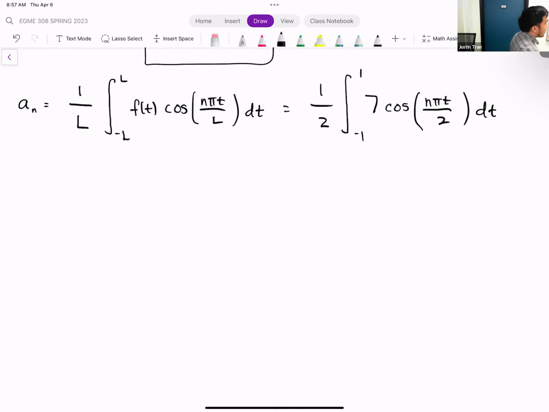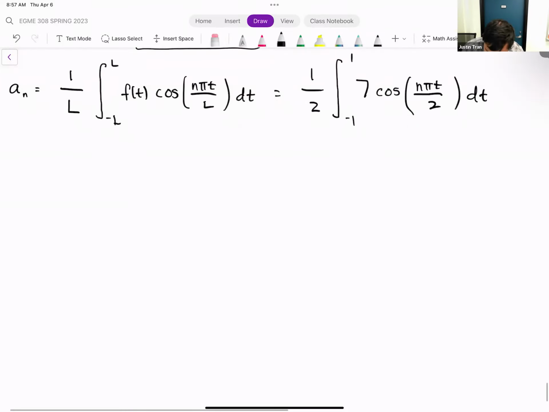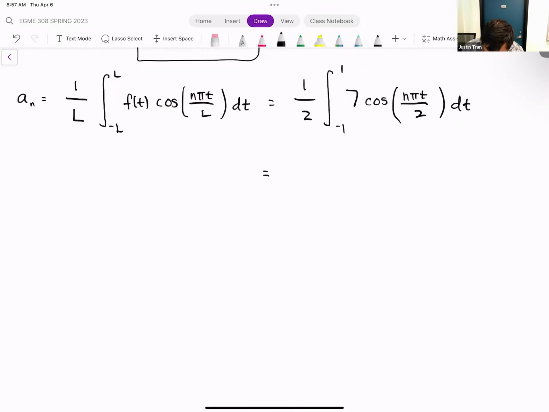From here, we can take the 7 and factor it out because it's just a constant, and then we just have an integral of a cosine function, which is fairly simple. So let's take the 7 and bring it out in front.